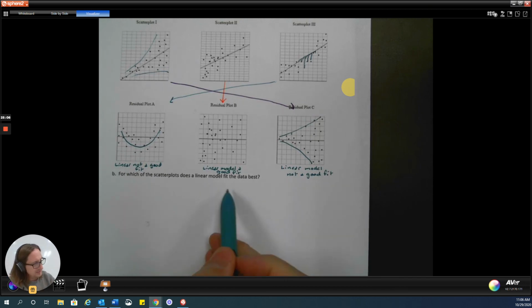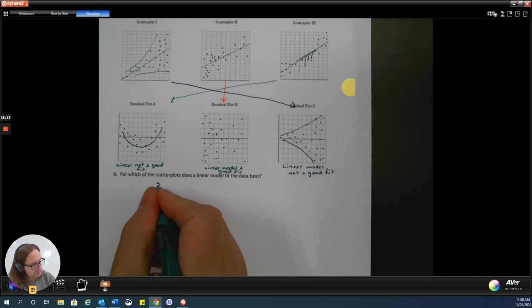So which of the scatter plots does a linear model fit the data best for? Scatter plot 2.